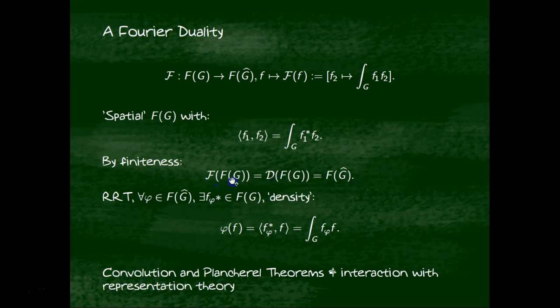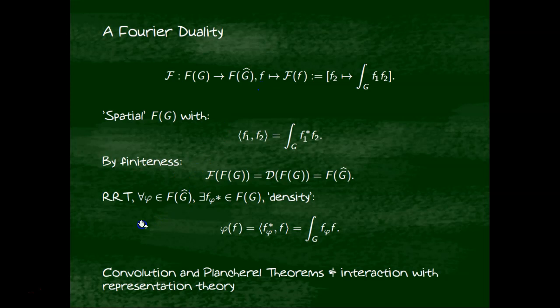But the image of all the functionals you get like this is the same as all of these. Essentially, all elements of the algebra of functions on the dual group come from the Fourier transform of things in the algebra of functions on the group.